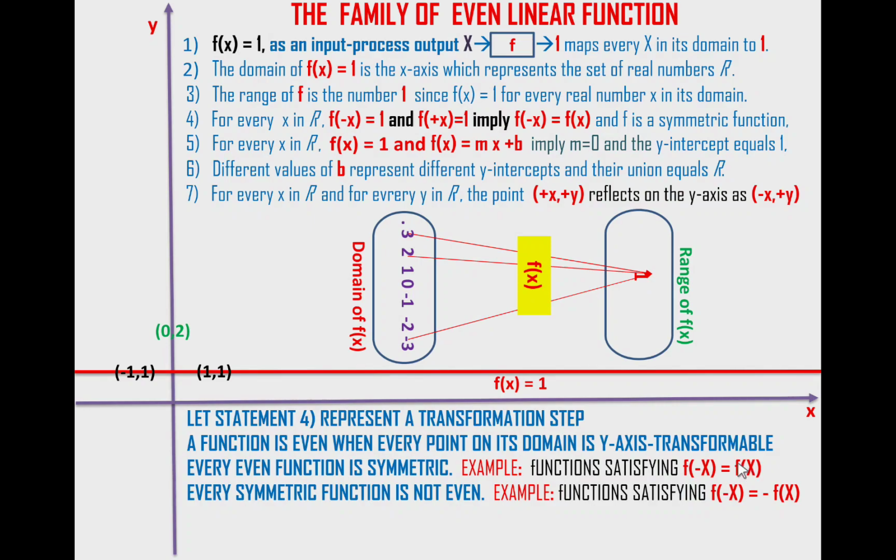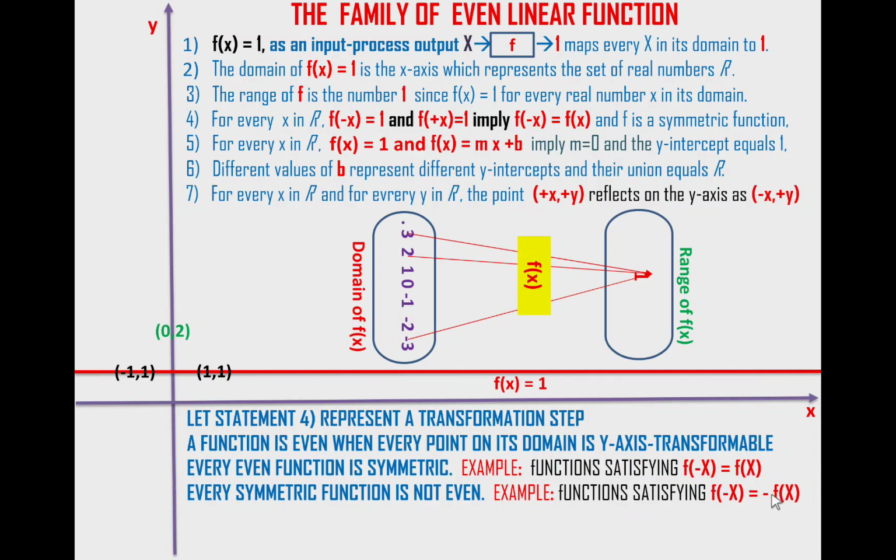Now let's take a look at the right-hand side of the functions that are even and symmetric around the y-axis. We will find the right-hand side f of x, but we find the right-hand side of the functions that are symmetric but not even as the negation of the right-hand side of the functions that are even and symmetric.